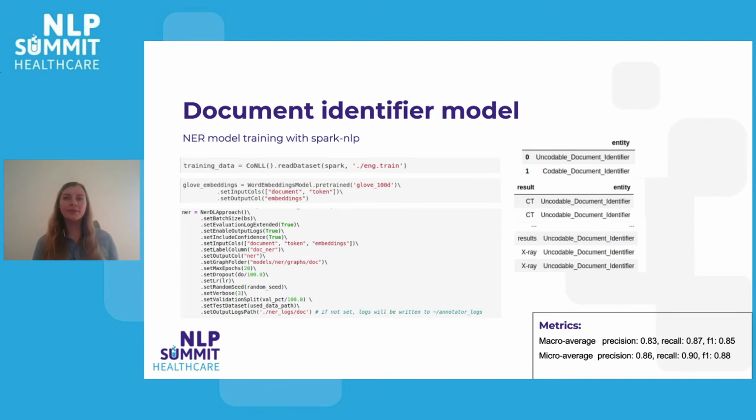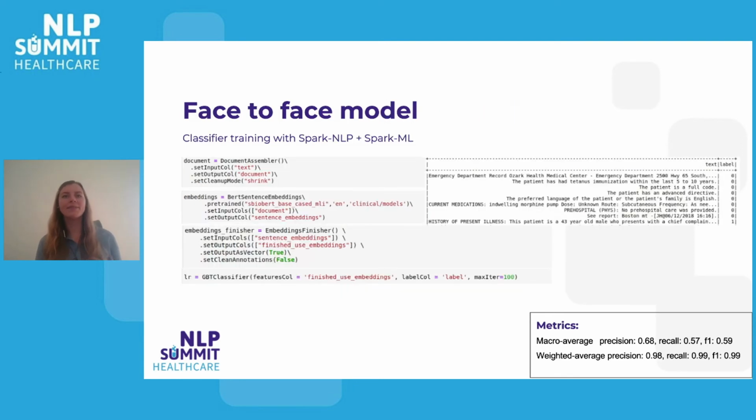The last model in the pipeline I'm going to speak about is how to train a customized classifier using pre-trained BERT embeddings. Next slide, please. We used that to train the face-to-face model, which was trained with Spark NLP and Spark ML. In general, this model is about identifying if a patient was physically present in the visit.